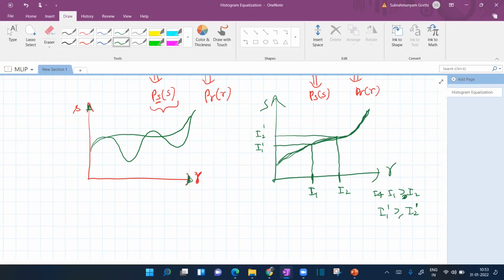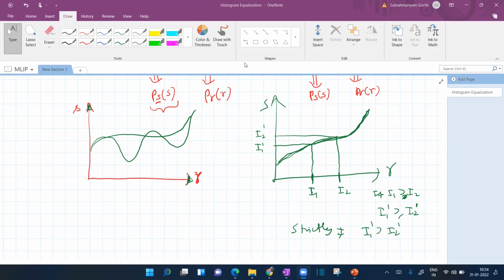Whenever you are applying any transformation on intensities, this should be satisfied, because if one pixel is brighter than the other pixel, even after applying the transformation, that relative relationship should never get disturbed. Of course, if it is strictly monotonic, then I1 prime should also be strictly greater than I2 prime. Is the interpretation we are doing clear?